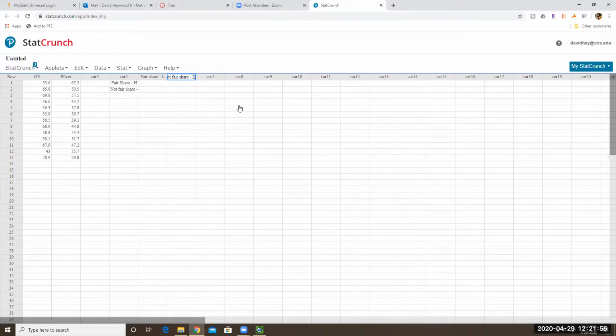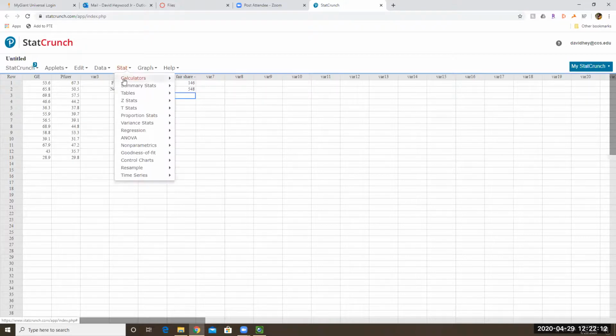This way I can distinguish between the labels. Anyway, then we just entered the summary statistics that we were given into the contingency table. And then we run the test. So it's Stat, Tables, Contingency, With Summary.